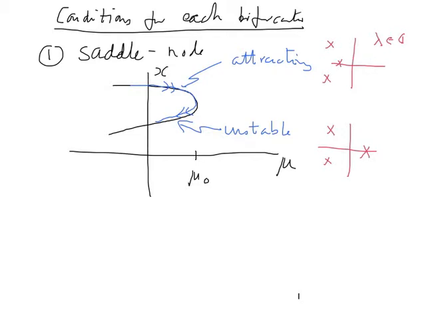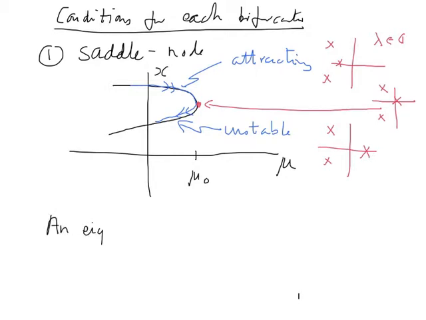So right at the bifurcation point, at the saddle node point, you would have an eigenvalue right at zero. So the key is that having an eigenvalue at zero indicates a bifurcation.